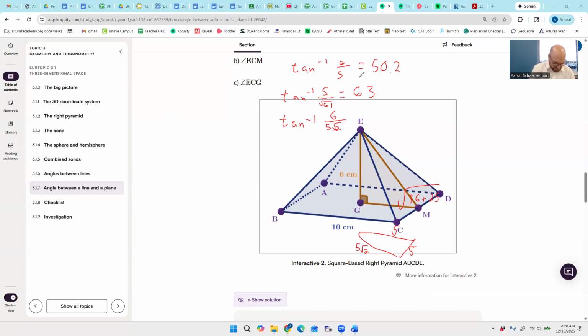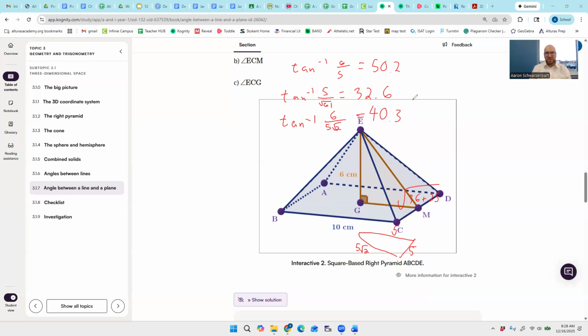32.6. That's better. And those are our three angles.